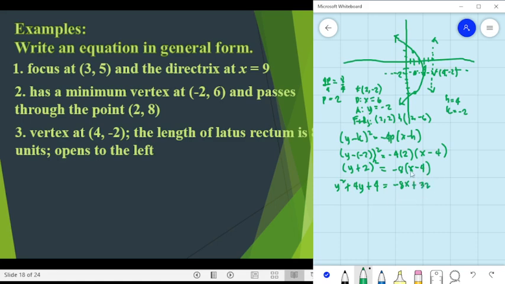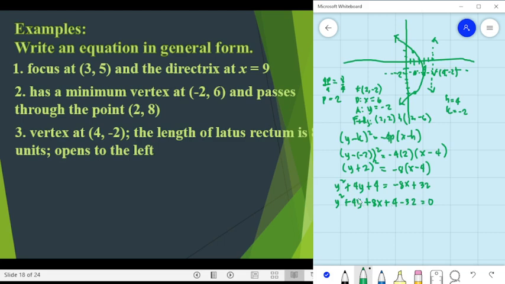Okay, making this 0, we are to add positive 8x minus 32 to both sides. So that's why it becomes y squared plus 4y. Negative 8x becomes positive 8x. Then plus 4 minus 32 is equal to 0.